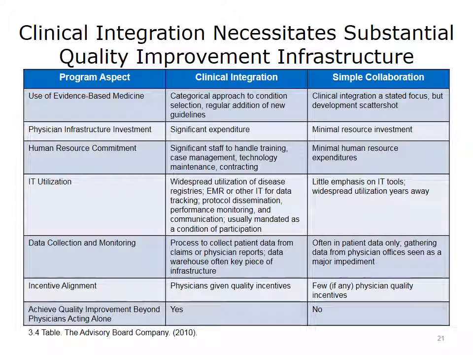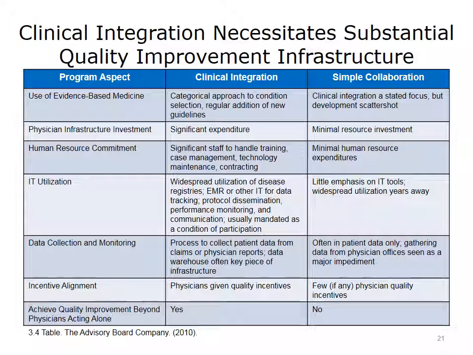So often, there are continuous quality improvement run charts and performance metrics that are shared back with physicians. And there are clear actions if they are not meeting expected targets. In clinically integrated networks, physicians are generally given quality incentives and are asked to improve quality beyond what the physicians may be able to do on their own.